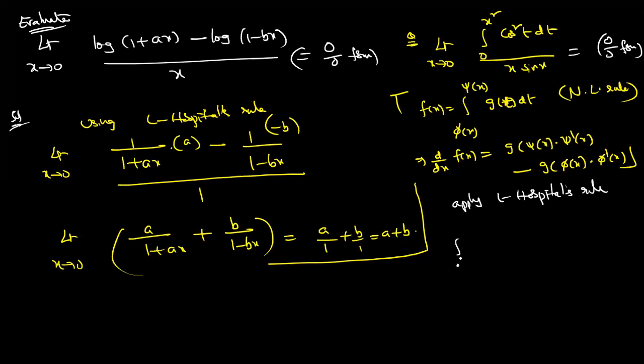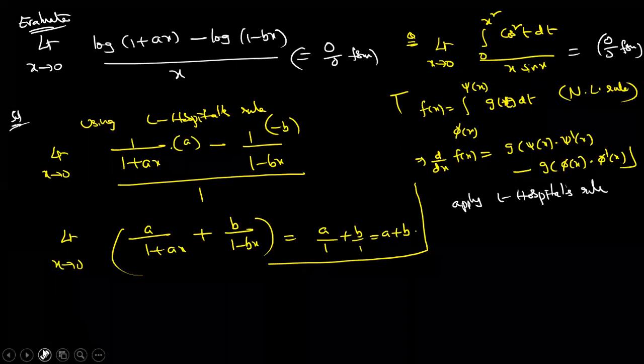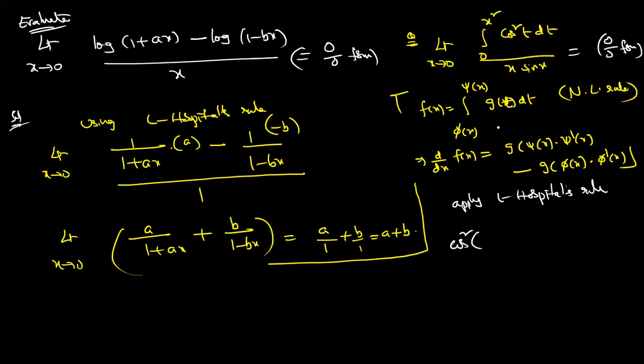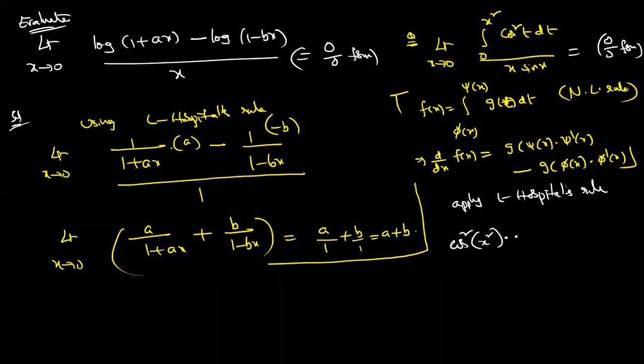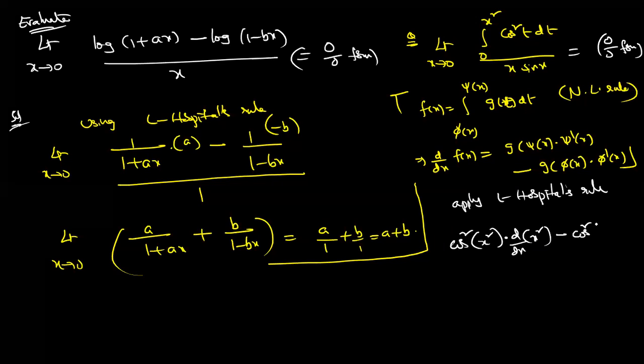So for the integral, be careful, otherwise it will move completely. So cos square, replacing t by the upper limit, cos square x square, into derivative of upper limit, derivative of x square, minus cos square 0 into derivative of 0.